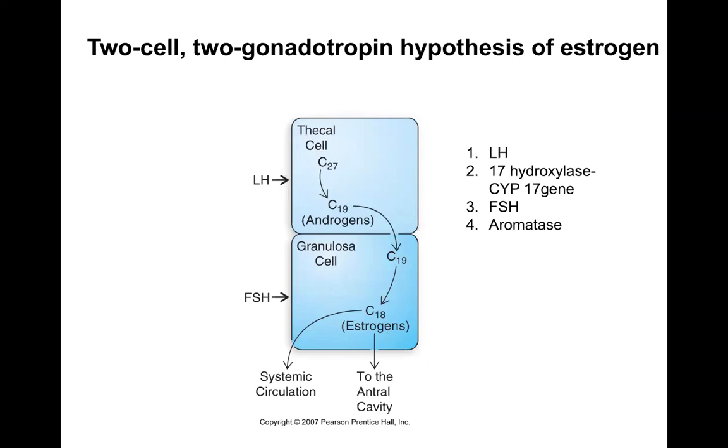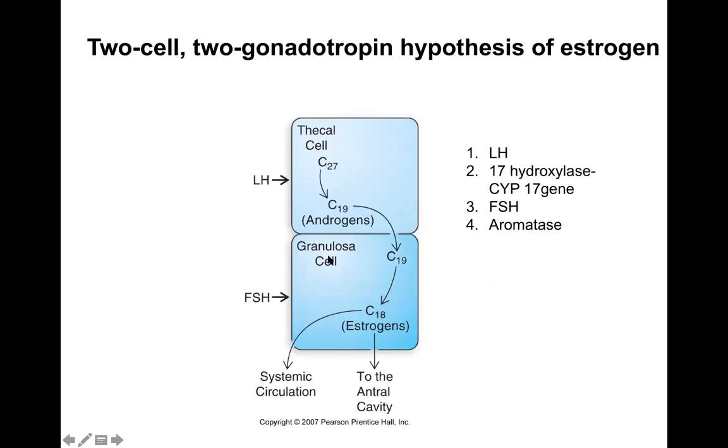The two-cell theory of estrogen production suggests that C19 androgen is produced from cholesterol, which is C27, in the presence of the enzyme 17-hydroxylase. The thecal cells produce large amounts of androgens because they have the CYP17 gene that encodes the 17-hydroxylase lyase enzyme, which is highly regulated by LH.